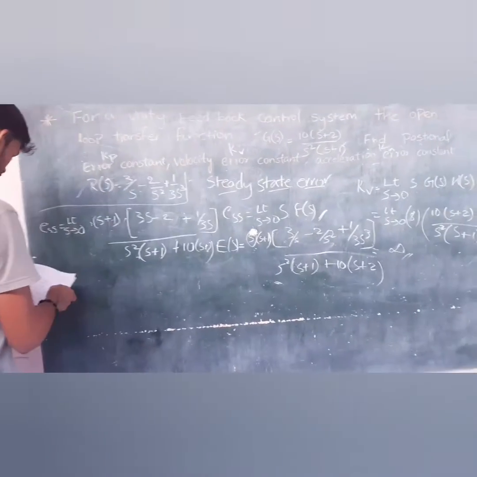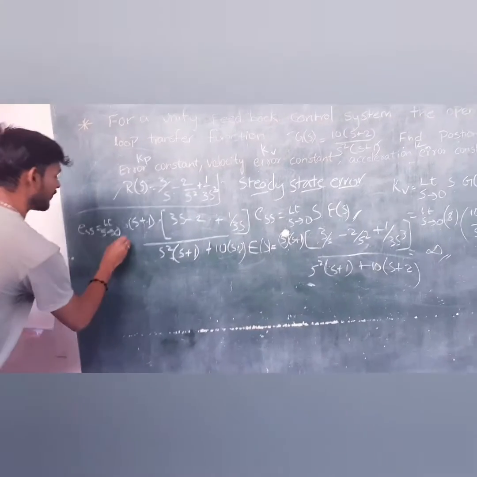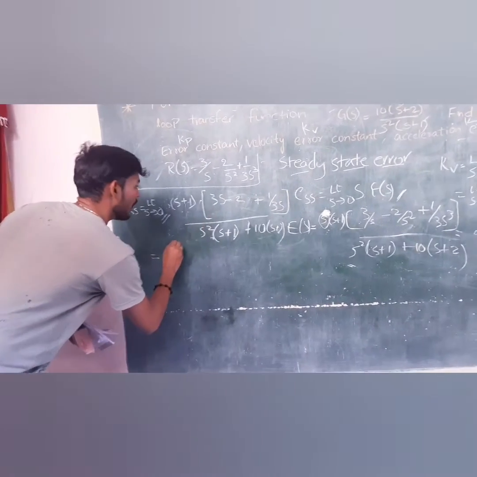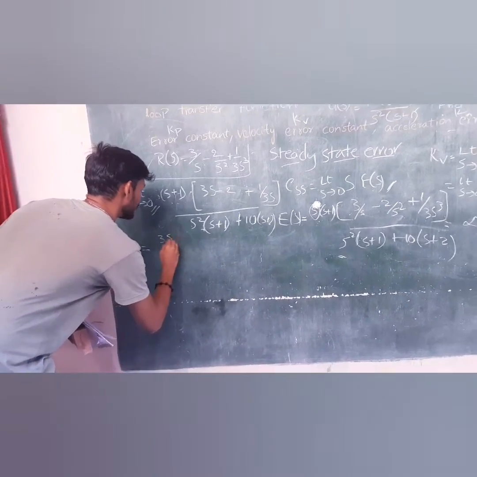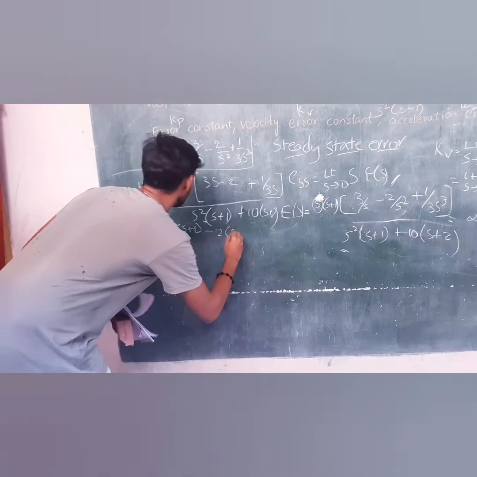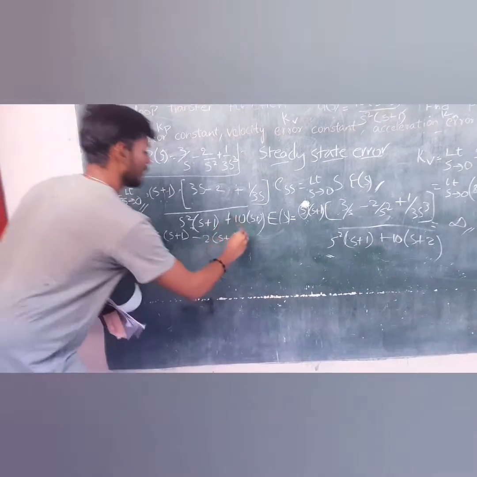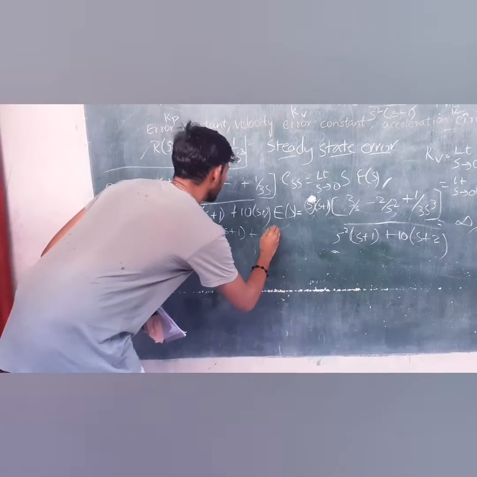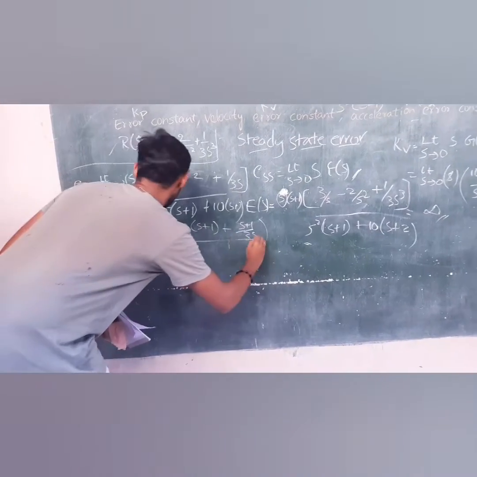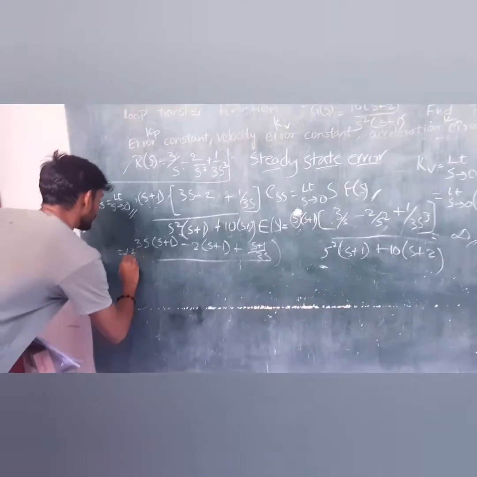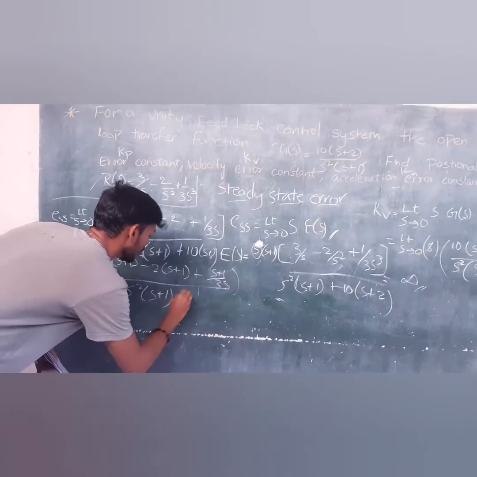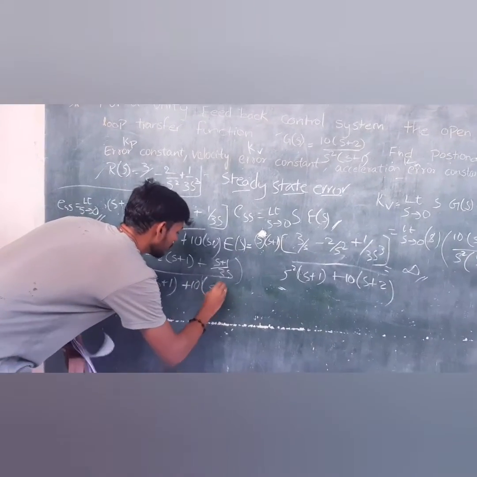Now after substituting the limits, it will be 3s(s + 1) - 2(s + 1) + (s + 1)/(3s), divided by the limit as s tends to 0 of s²(s + 1) + 10(s + 1).